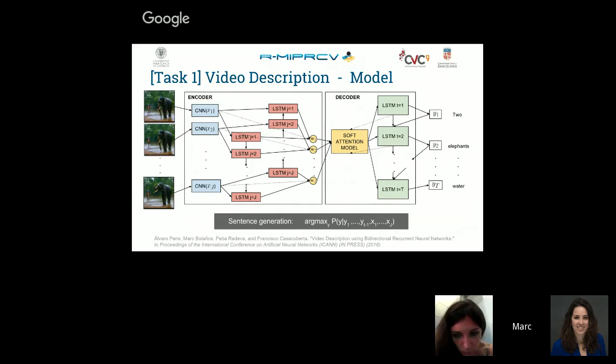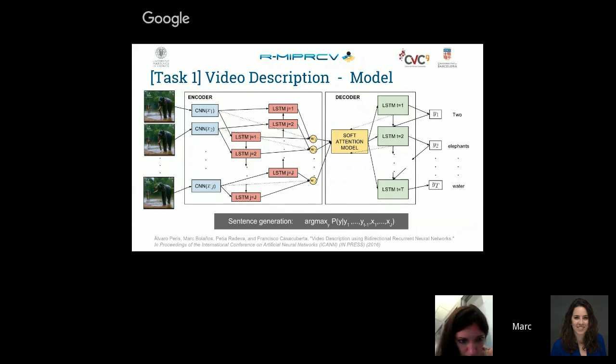If we just used a simple LSTM, we would remove this part of the model. So for the first frame in the video, we would just take into account the information of this frame and output only this information. But for the last one, we are taking into account all the frames.